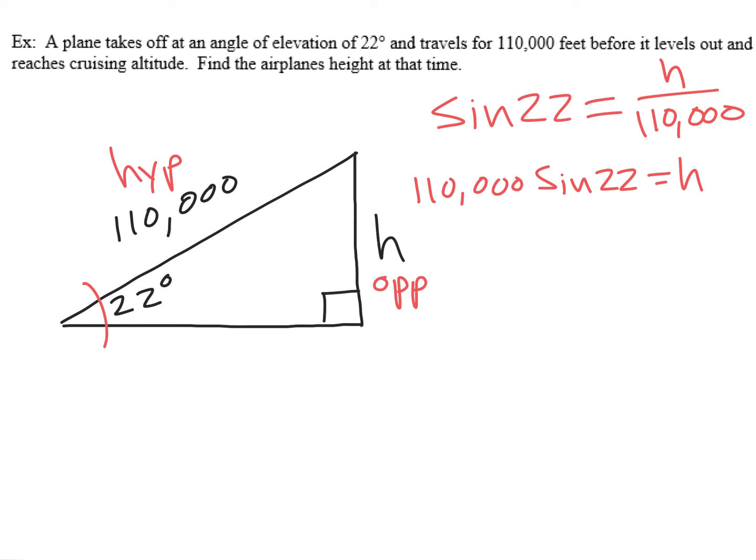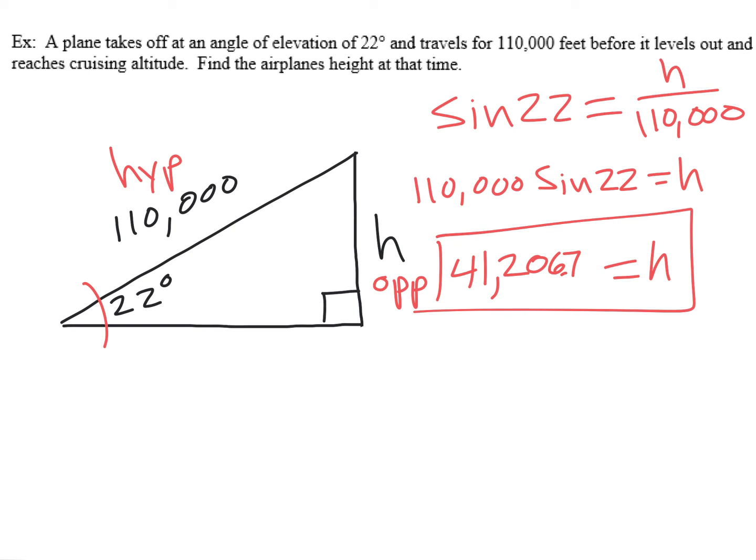And we get that. I'm hoping you see that the math involved is nothing new. That should be 41,206.7, by the way. And here I actually have some units because our problem has a context to it. All we did is add a word problem to it.